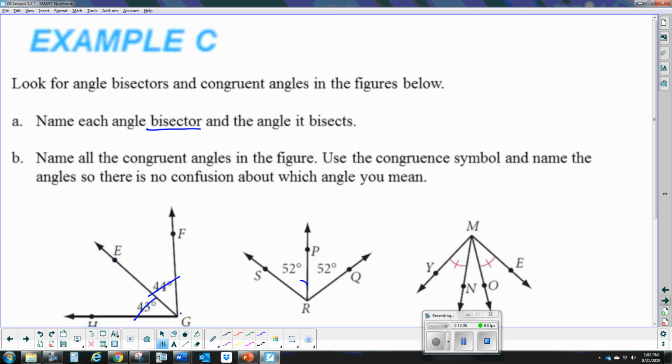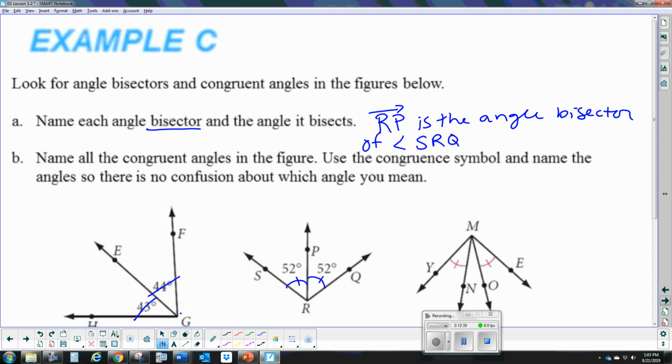But here, we have this angle cut into two congruent angles. They both measure 52 degrees. So we can say that RP, and again, it's a ray, so make sure when you label it, you start with the endpoint, so RP is the angle bisector of angle SRQ.